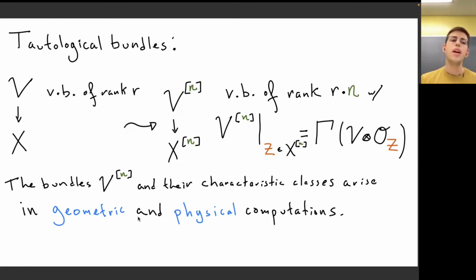And how do these work? Well, if I start with some vector bundle, or everything I say will work just as well for K-theory classes, of rank R, then I can produce a new vector bundle on the Hilbert scheme of n points on my variety called the tautological bundle. And this will be a vector bundle of rank R, the original rank, times n, the number of points.